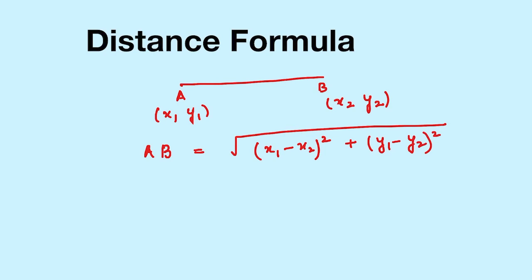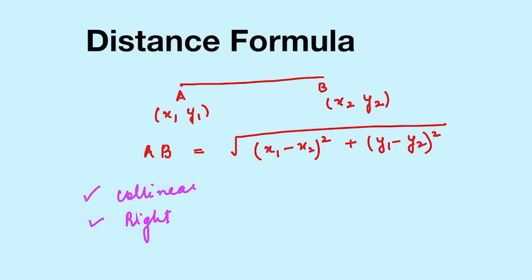Now this formula can be used in a number of questions. Say you have to show that the 3 points are collinear. Given 3 points A, B, C, you have to show that they are collinear, then find AB, BC, CA. And if the sum of any two is equal to the third, then we say that the points are collinear. Given 3 points, you have to show that they form a right angle triangle.